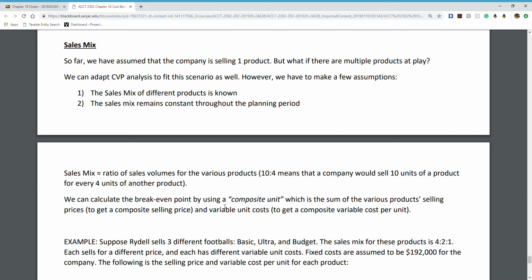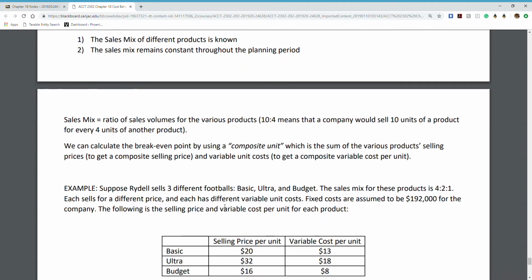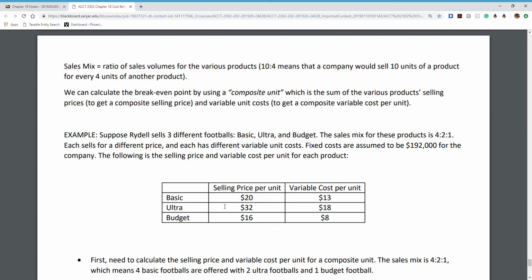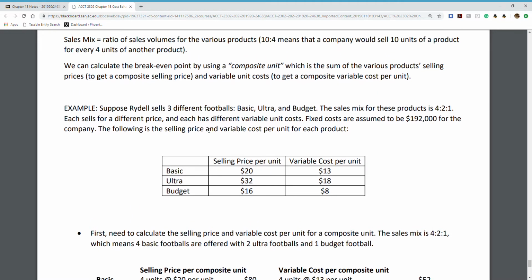This is something we need to know because we're going to have to calculate something known as a composite unit, because break-even analysis needs the variable and the fixed costs. If we have multiple products going on, we have to combine them into one, and this is what causes a composite. So when we're looking at composites, we're going to have to figure this out.